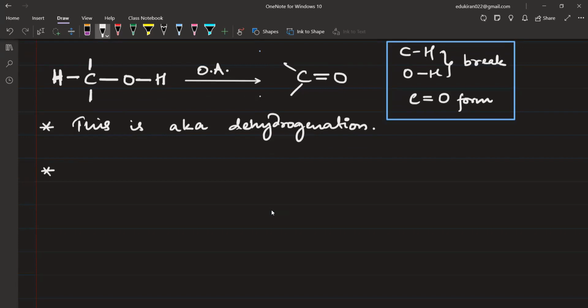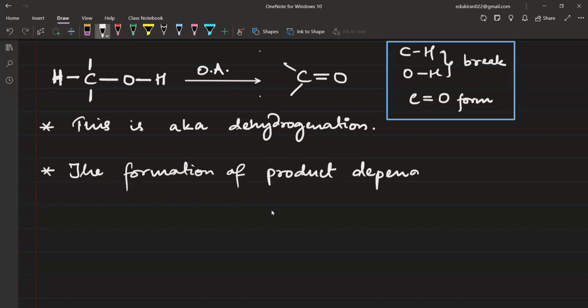Right, next point. The formation of product depends on the type of alcohol.